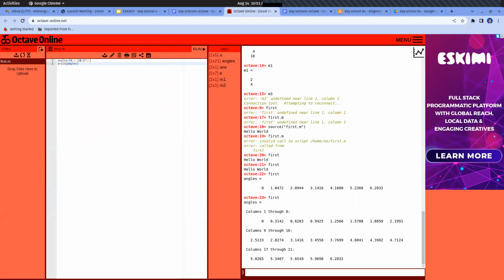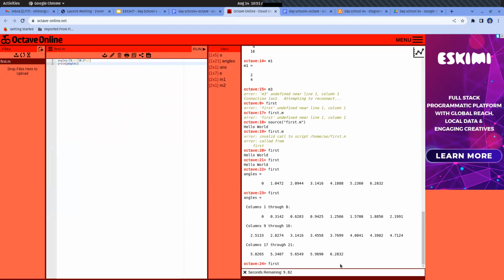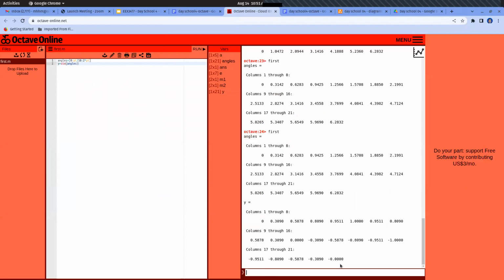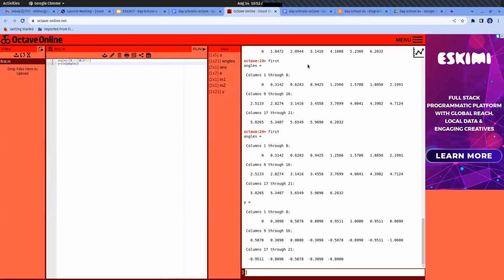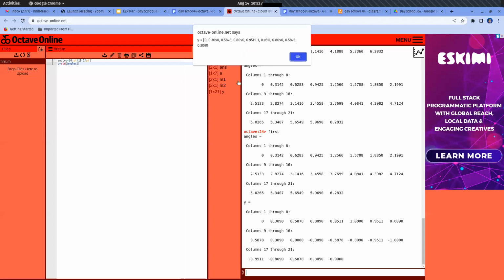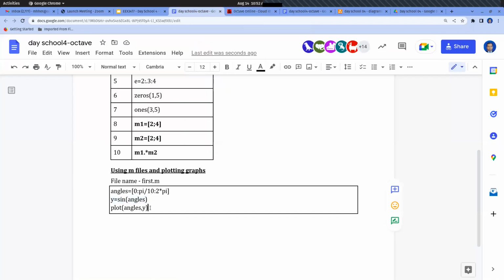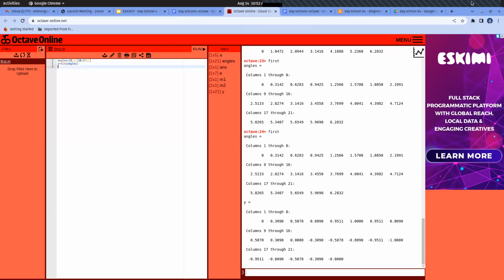Now here you can see that y here, and then plot. You can plot a graph, angles and y. Y is y-axis, angles are in x-axis.